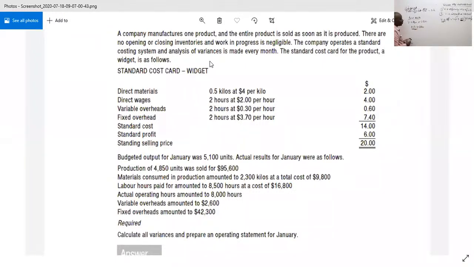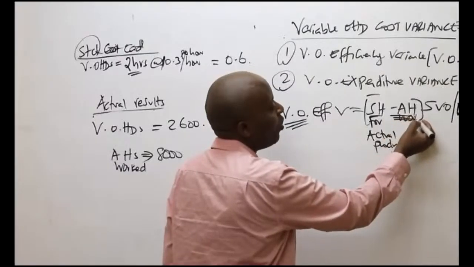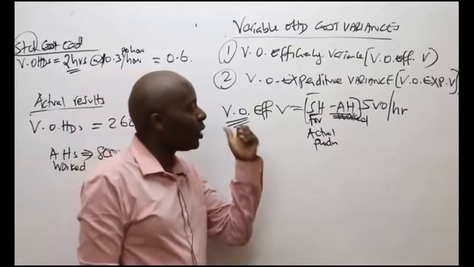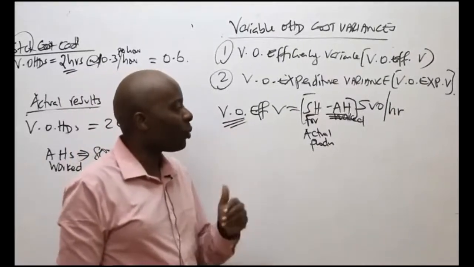Listen to me very well, my great students. This capital SH, don't forget, is standard hours for actual production. These are the actual hours worked. So you write somewhere there in full, capital SH stands for standard hours for actual production.